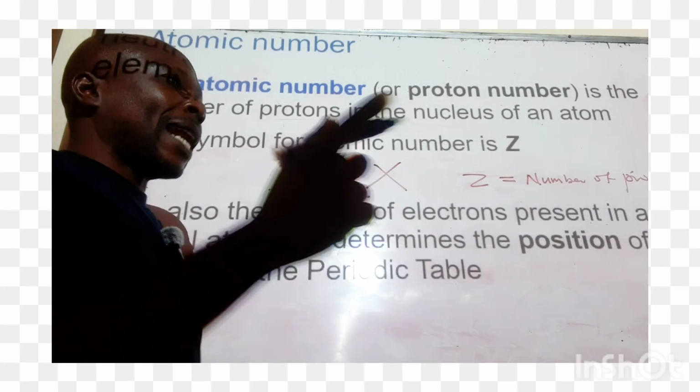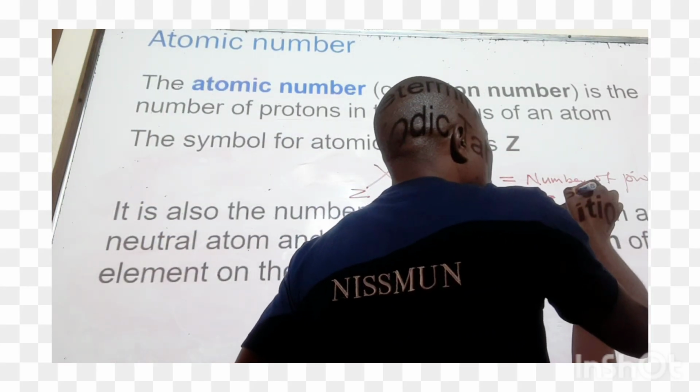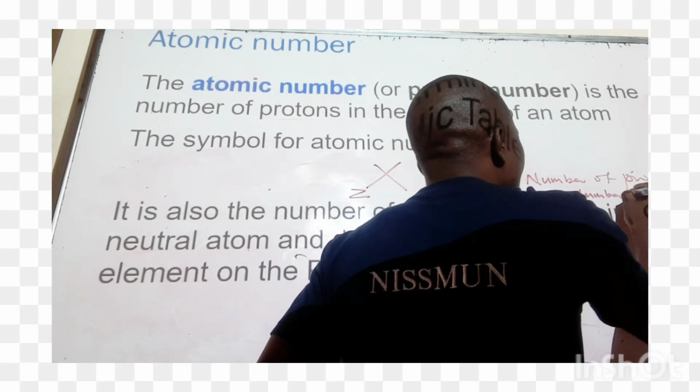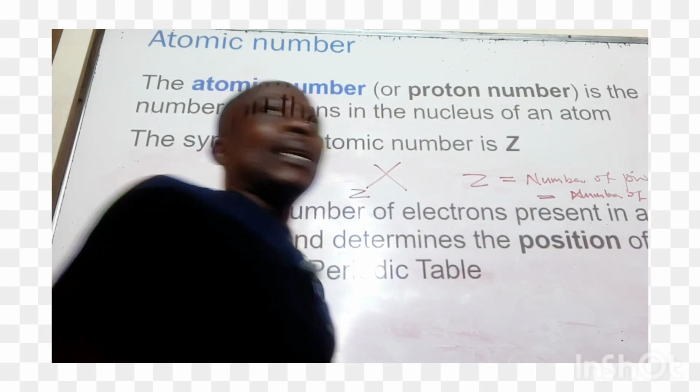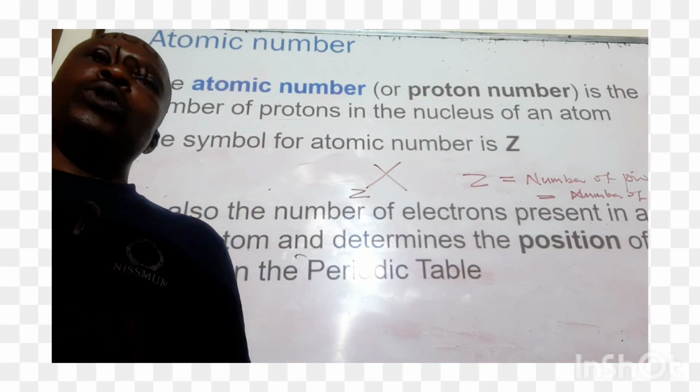And since it is an atom, it is still equal to the number of electrons. But note that while defining atomic number, you don't define it by the number of electrons.